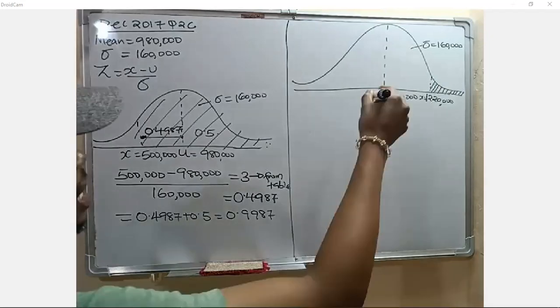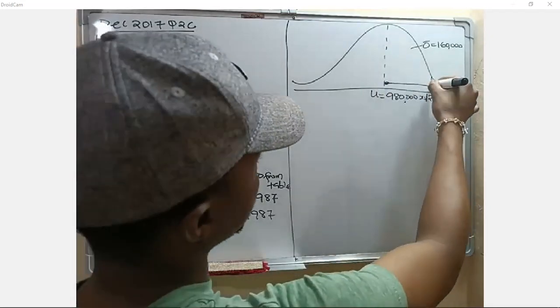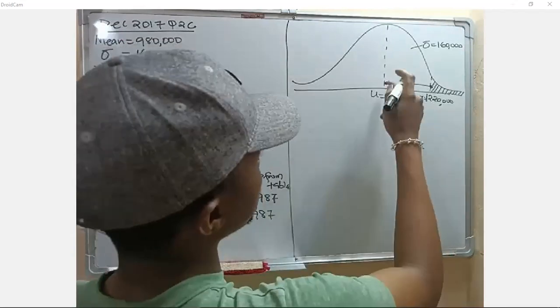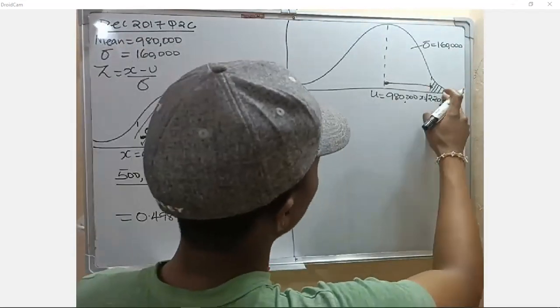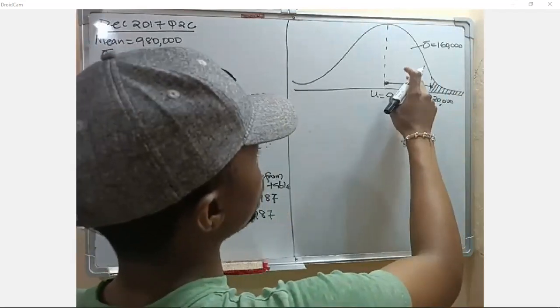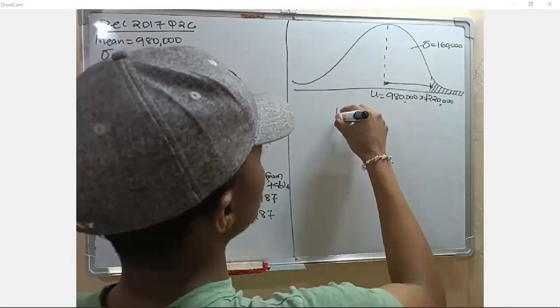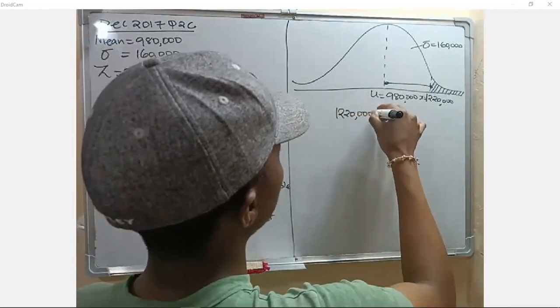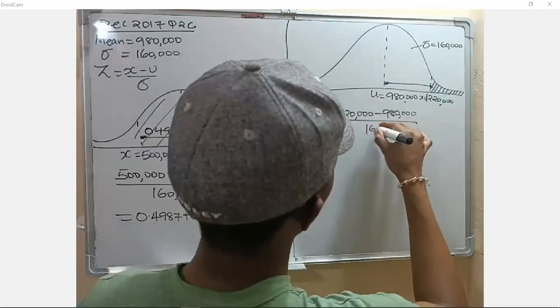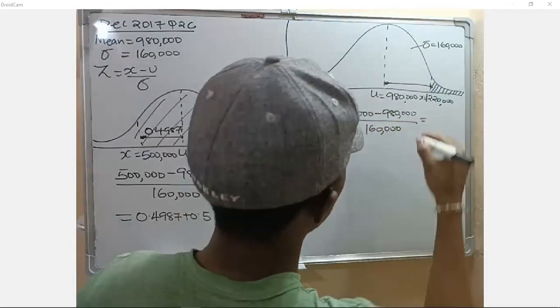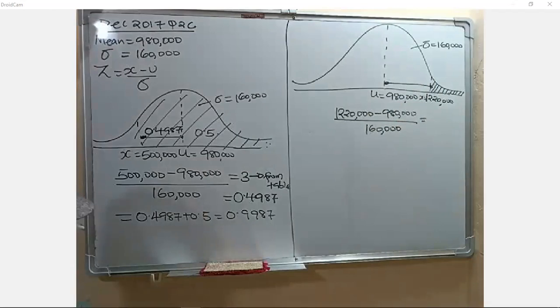But the work we have is to find from here to here. And I know from here to the end is 0.5. To get here, I just need to take 0.5 minus the probability for this area. So it is 1220,000 minus 980,000, divided by 160,000.